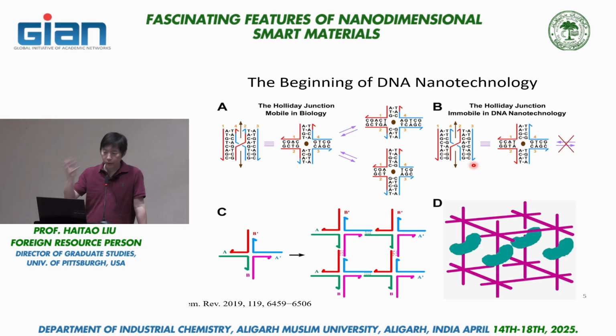All right. So looking at the very fundamental structures, now this is a little bit more biochemistry. What I've shown here on the bottom right is the conceptual idea that Nadrian Seeman had in 1984, I believe.